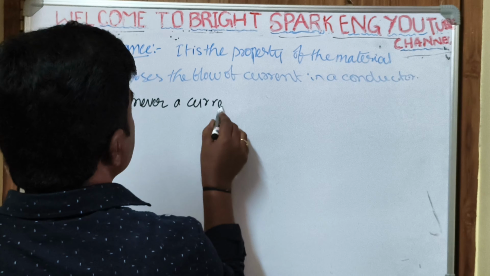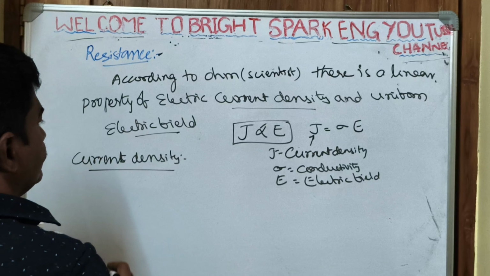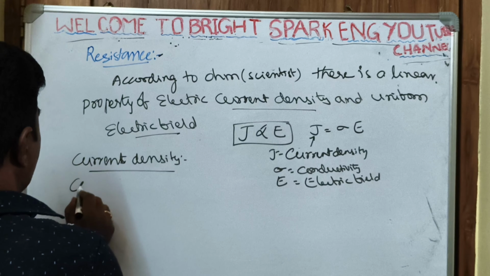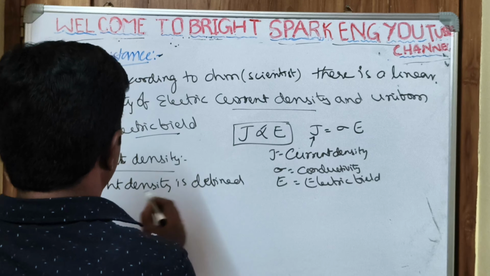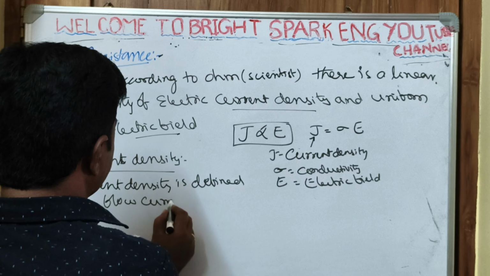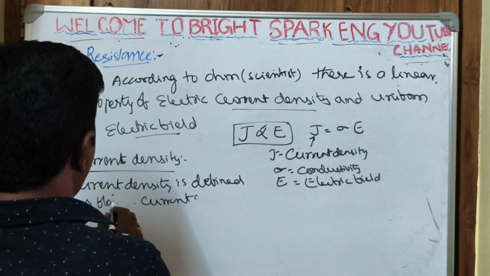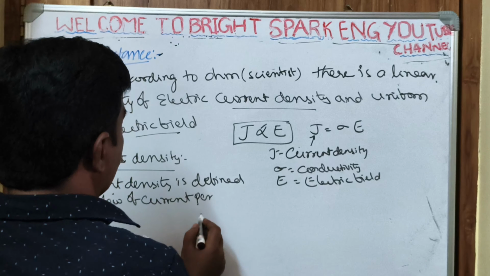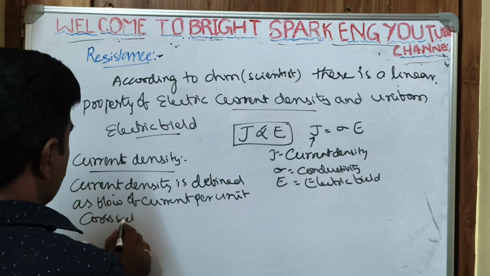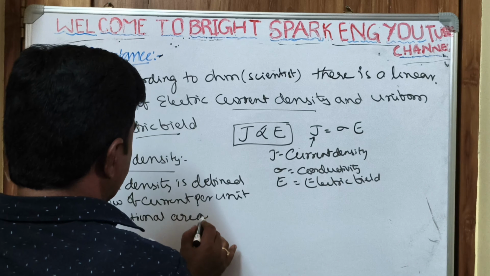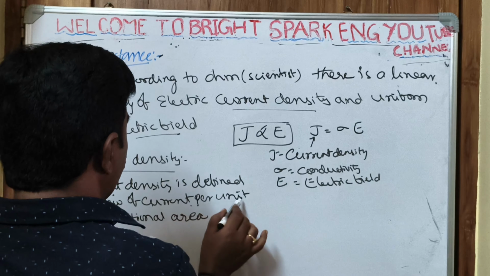Then the definition of current density: current density is defined as the flow of current per unit cross sectional area.